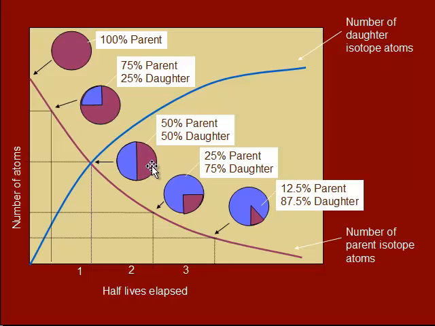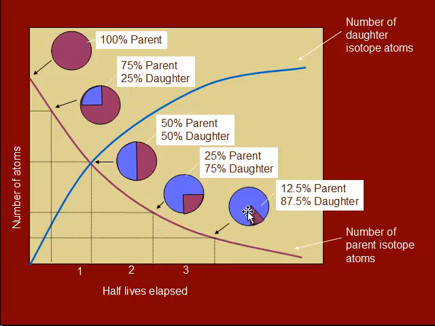When another half-life goes by, that 50% parent is cut in half. Half of it decays, and we are left with 25% of the parent, 75% of the daughter. When a third half-life goes by, that 25% parent splits in half, and we have 12.5% parent, 87.5% daughter.